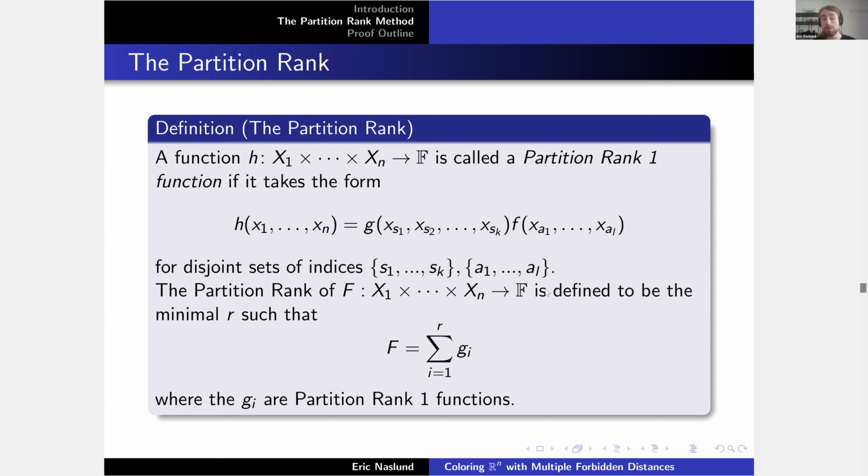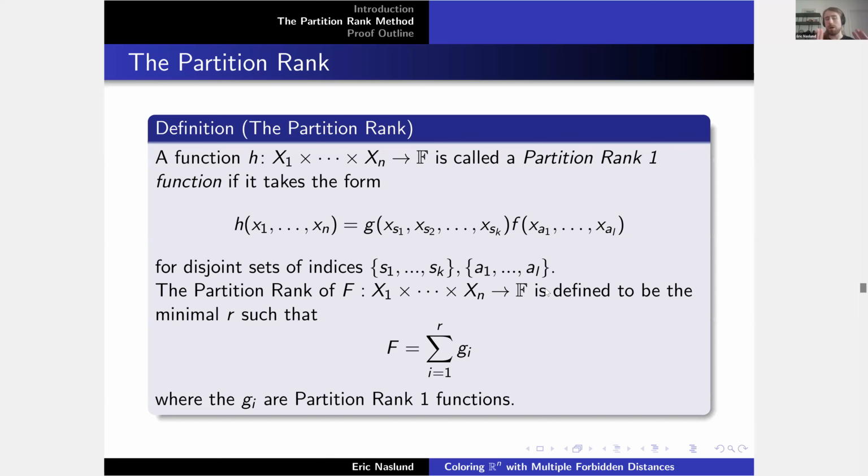And we define the partition rank of a function on the Cartesian product of the sets to be the minimum r such that I can write my function as a sum of r elements, each of which has partition rank 1.